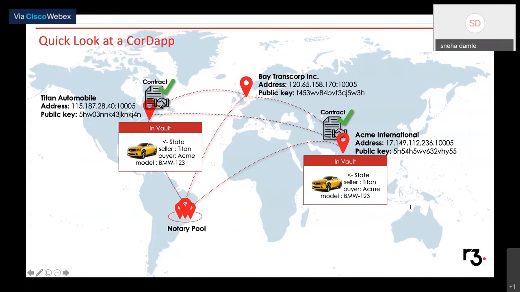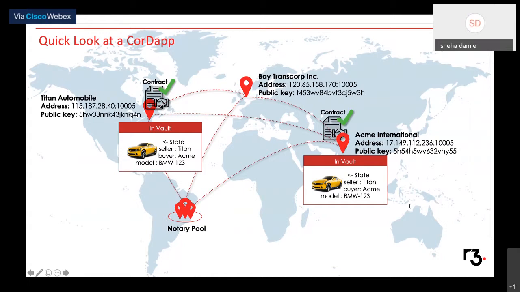Each and every party who joins the network has a database associated with it, so keep this in mind. So how does what I told you fit into states, contract, and flows? This series of steps that we just spoke about is encapsulated in a flow in Corda.